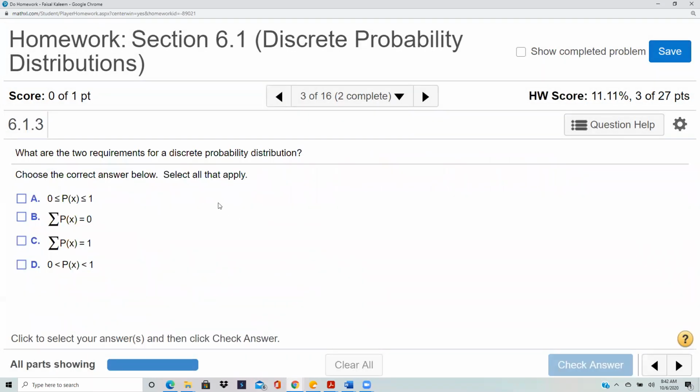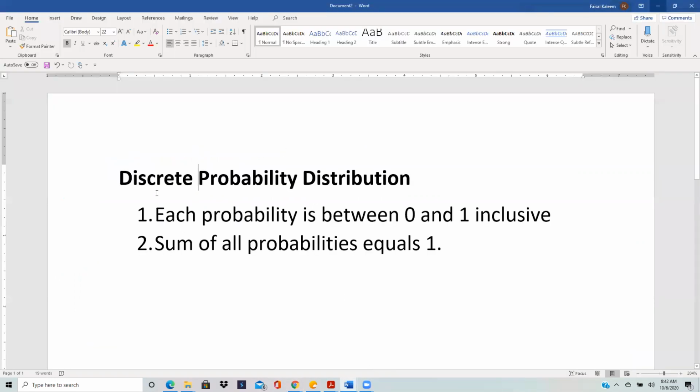So we also studied the probability distribution properties. If you recall, we will have a discrete probability distribution if the following 2 properties are both satisfied. First is each probability is between 0 and 1 inclusive, and the second is the sum of all probabilities is 1.